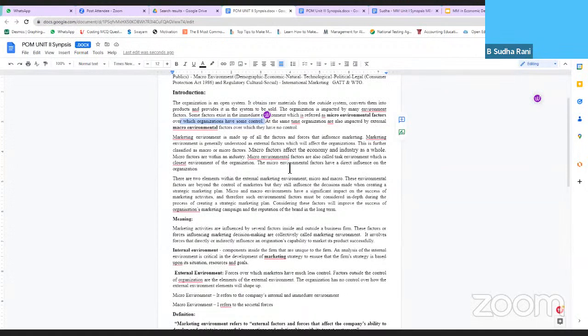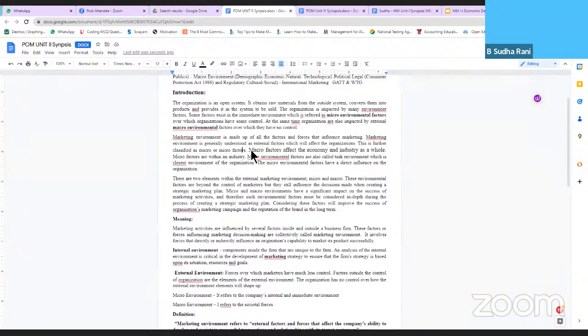And what about macro environment? Macro environment is the external factor which also has influence on the functioning of the organization, and its impact is both on the economy as well as on the industry.